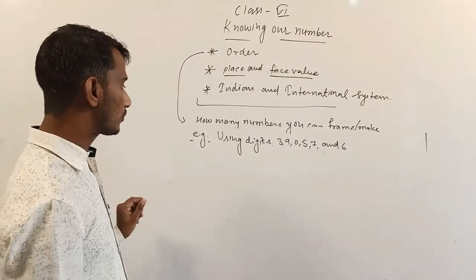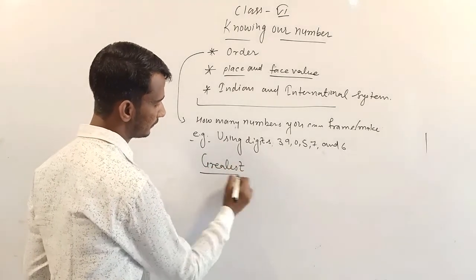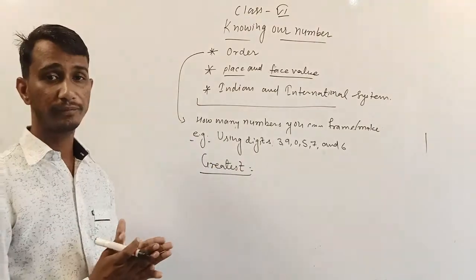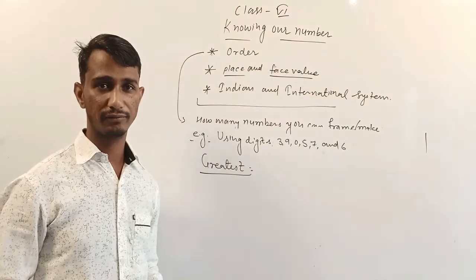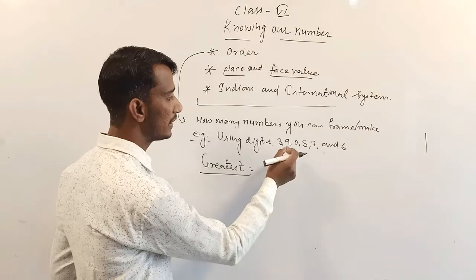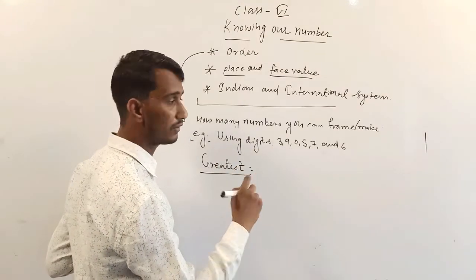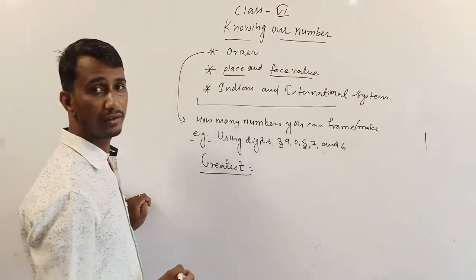So how to frame the greatest number? Dear student, repetition is allowed, but particularly repetition is given for separate digits. Here I am saying you can repeat only 5 and 3.